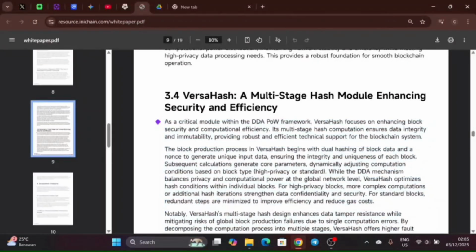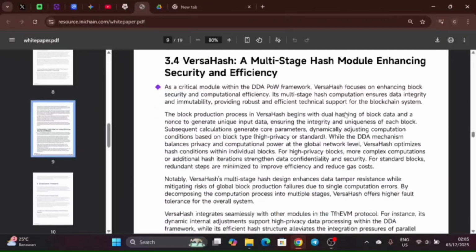I think the problem solved is for security, using double standard hash checks, using Versa Hash, or even the multi-stage hash module. I mean, it's not only once or twice, dual times, but multi-stage hashing. It's a complex thing that standardizes the security of Anychain.